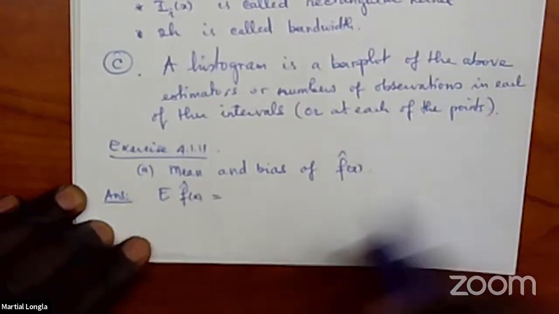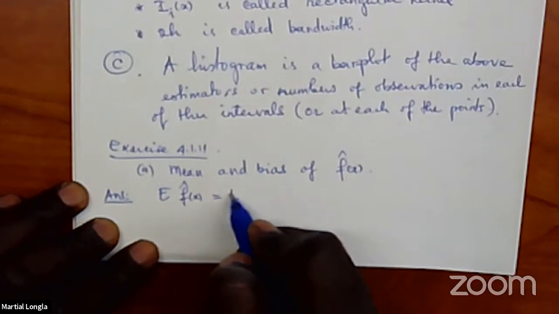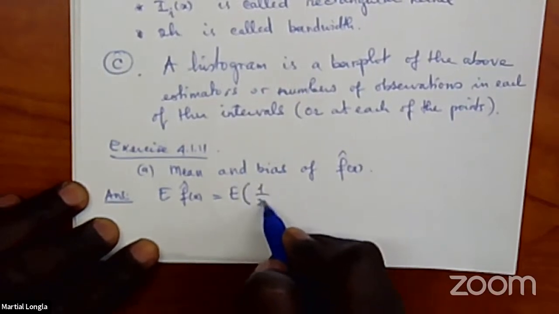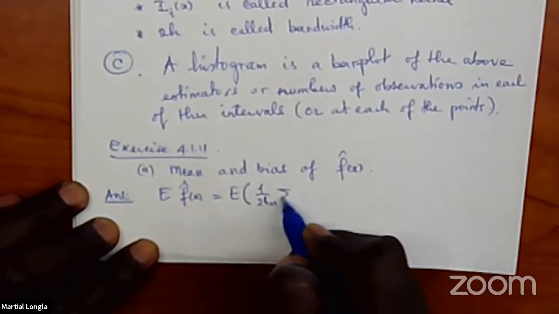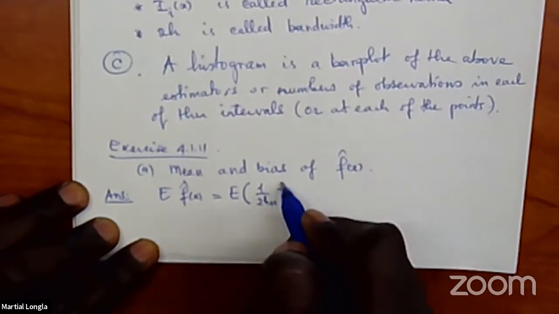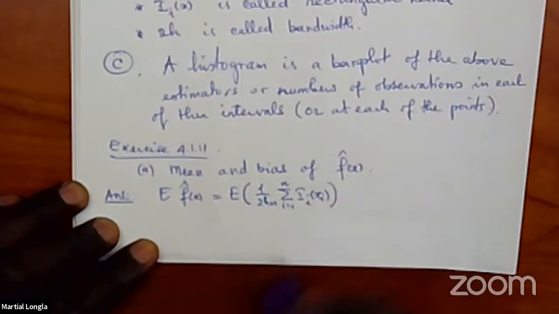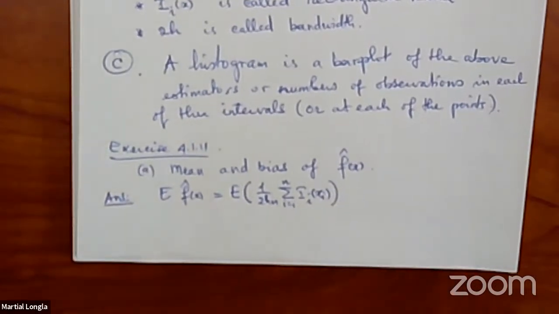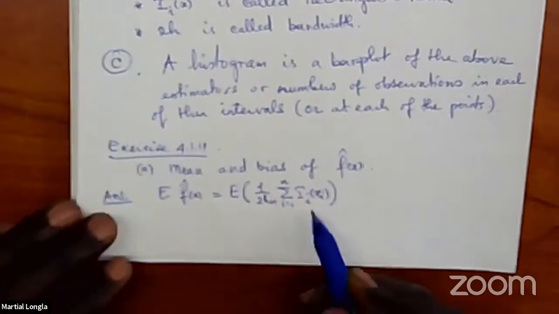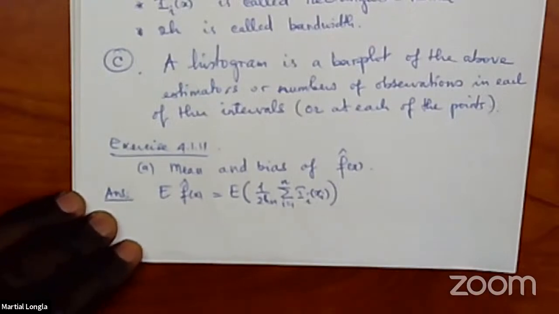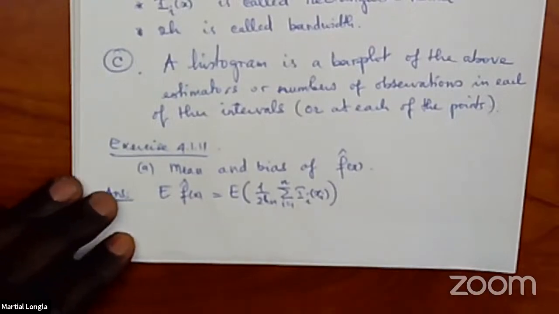We use the formula: expected value of 1 over 2HN sum I from 1 through n. And this is the reason why this formula is good, because you see what to work with. If we just write number of observations in the interval, how do you find the expected value of the number of observations? But when it's written as a sum of I, I know how to handle the expected value of that.